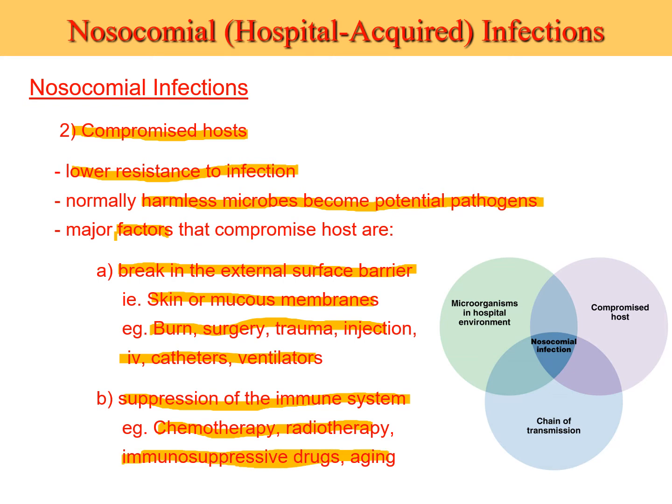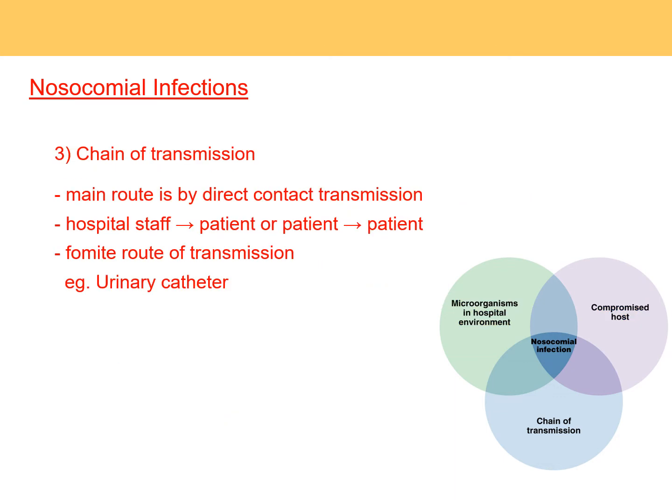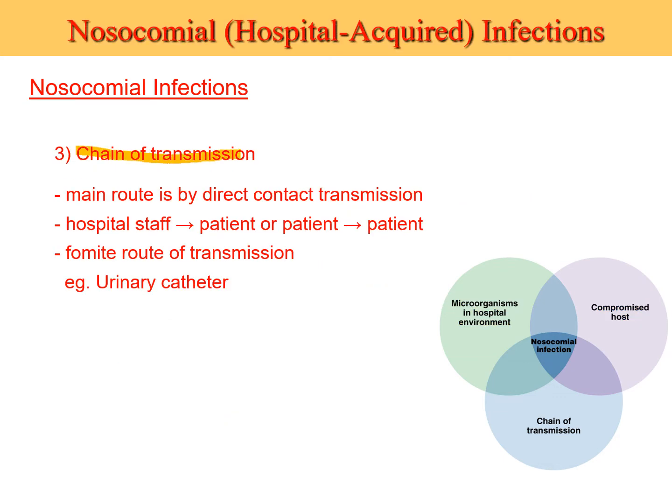All of those, all these factors can result in immunosuppression, and when you combine an individual with immunosuppression, and many of them have breaks in their external barrier, their epithelial barriers, and you put them into an environment where there's lots of microorganisms that are potentially opportunistic, then you have a problem. If you include a chain of transmission, then you'll start getting serious nosocomial infections.